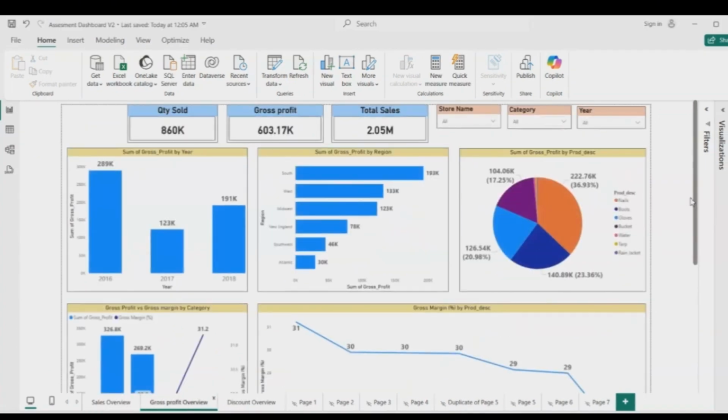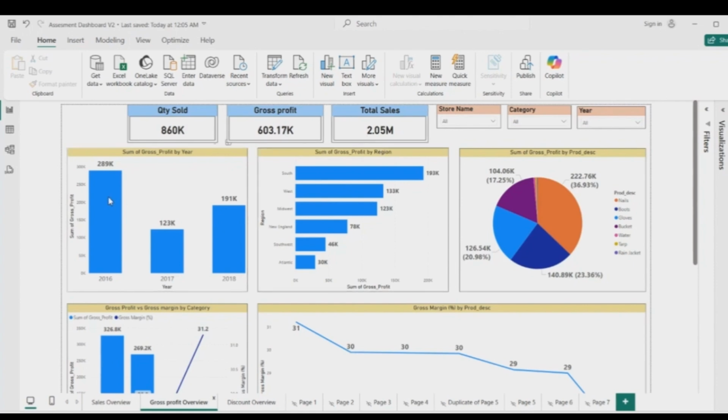Let's go through one of the key aspects of our data, that is the gross profit. This dashboard provides detailed insights around the gross profit. From 2016 to 2018, sales were 2.05 million, and the total gross profit is around $603,000.